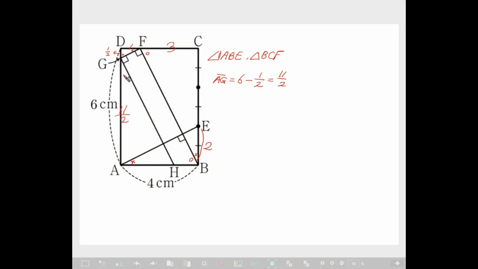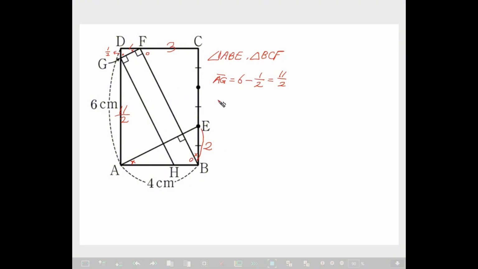This triangle GAH is also similar with ABE and BCF. That means AH to AG is 1 to 2.